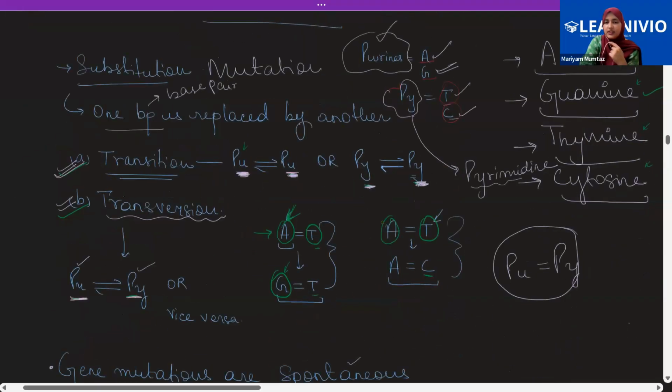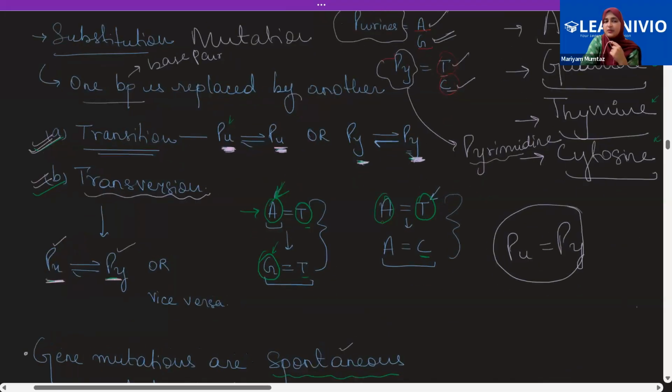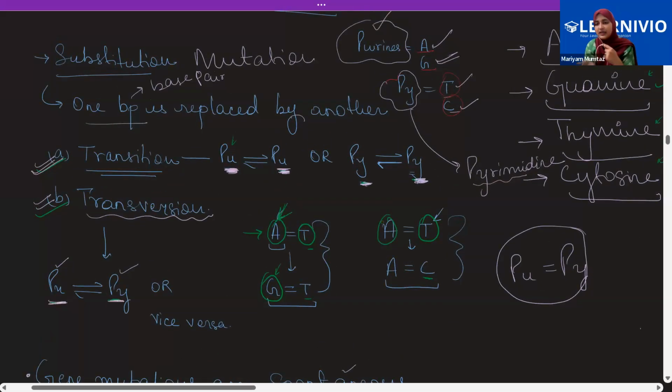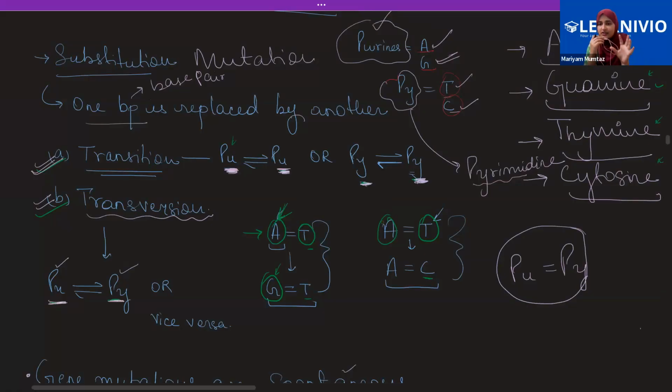Then comes substitution mutation. You people understand substitution. For example, in your school, if your main teacher is absent, another teacher comes in that place, right? That is substitution. Same way, mutation can happen because of substitution. Remember that whenever a purine gets substituted by another purine, we call it transition.